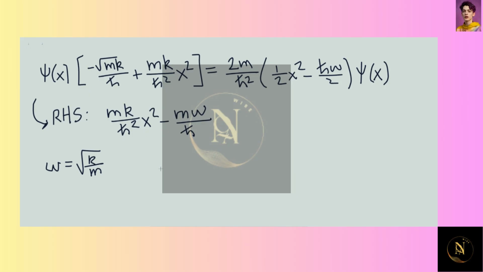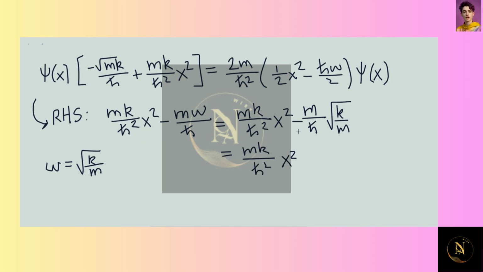That's just from classical mechanics. We can throw that in there, and then we can turn that second term into something more recognizable. We'll finally be left with mk over h bar squared, x squared, the one term we recognize, minus the other term we recognize, just doing a little bit of square root math.